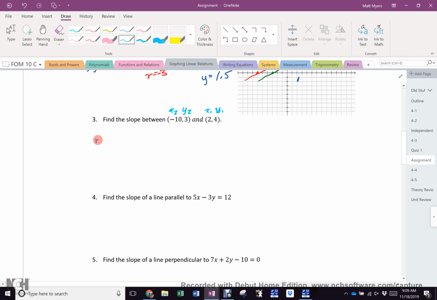So m equals y2 minus y1 over x2 minus x1, and then you just fill it in. 3 minus 4 over negative 10 minus 2. 3 minus 4 is 1. Negative 10 minus 2. Even though you guys have so much trouble with this, you're allowed to use your calculator. It is, of course, negative 12, and that's the answer for 2 marks. Negative 1 over negative 12, so it's all positive.